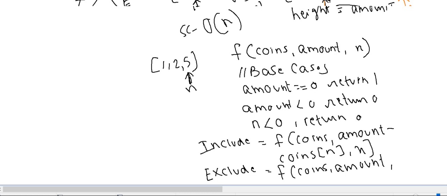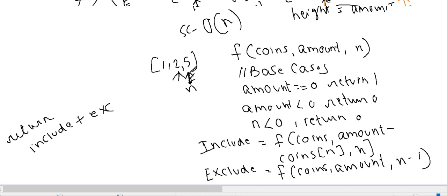But I'm going to decrement my index because I have excluded this coin. So that will become n minus 1. And what I'm going to return is include plus exclude.